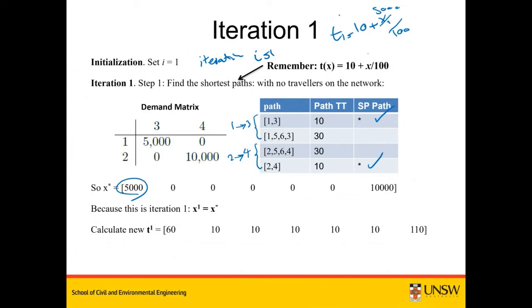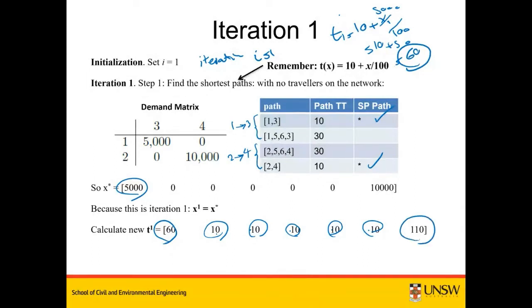So this gives me 10 plus 50. So it's 60. So the travel time of link 1 would be 60. Nobody's using link 2, 3, 4, 5, and 6. So the travel times remain 10, as when the network was empty. And x7, if we do it similarly, we know x7 is 10,000. So we can calculate T7 using the link performance function, right? So if you calculate T7, you get 110.